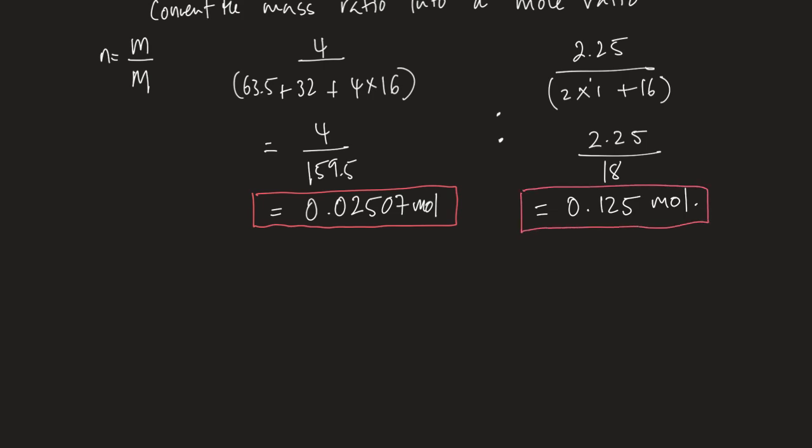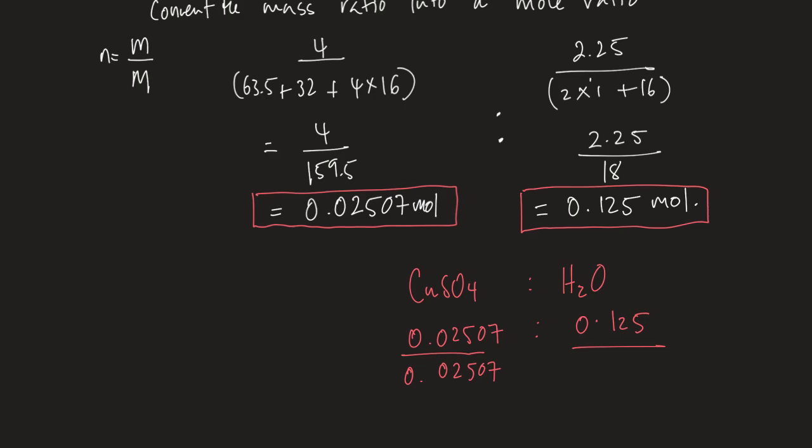I'm just going to show you how the ratio works, and this is normal ratio calculations from grade 9. So the CuSO4 is to H2O, 0.02507 is to 0.125. How we get the ratio there is we divide both sides by the smallest, 0.02507. So make sure you divide both sides by the smallest ratio.